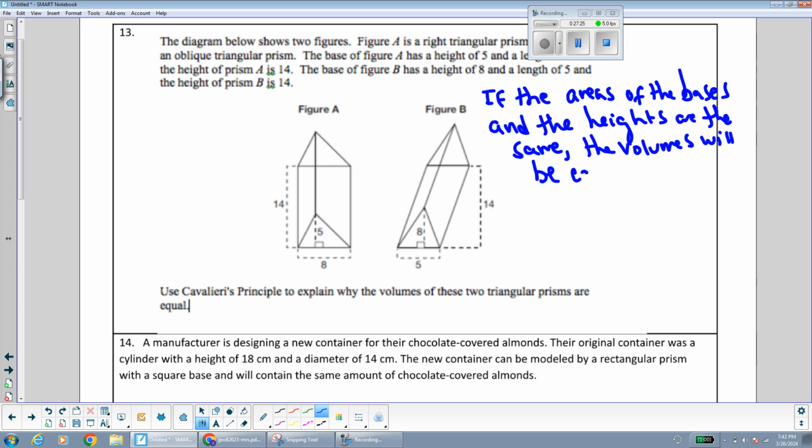That's because volume of any shape is capital B times H, area of the base times the height. I should use the specifics from the question as well. That's why they're there.